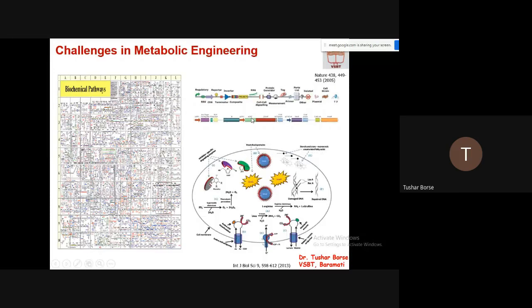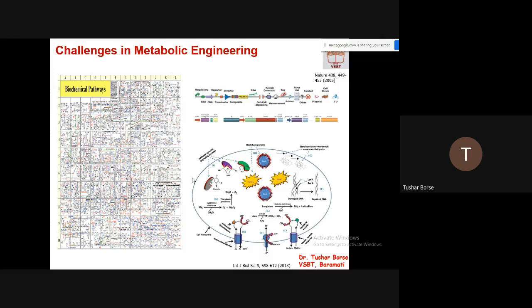And the third type of complexity: if you consider the whole system, there are many transport systems involved. There are many signaling mechanisms involved, because we know that these pathways do not work in one particular organelle. They are continuously moving from one compartment to another compartment. Say for example, glucose is coming from outside to inside into the cytoplasm.